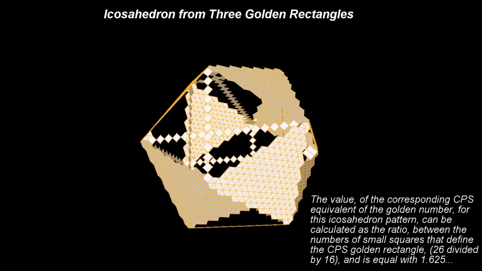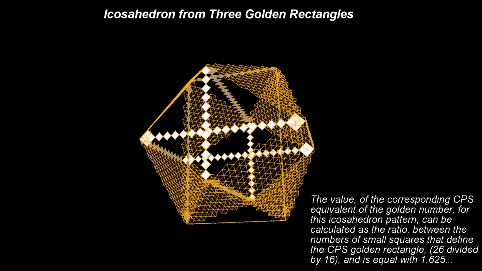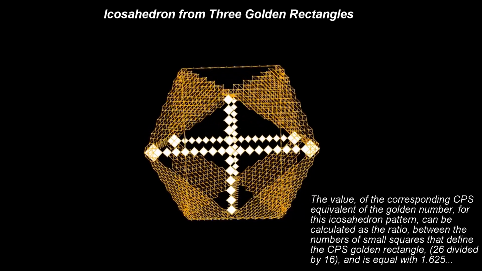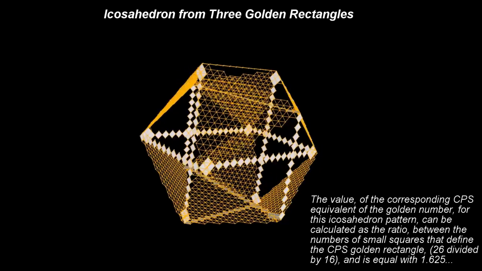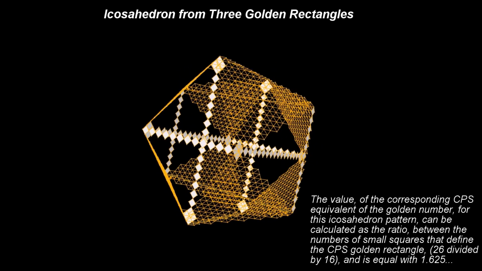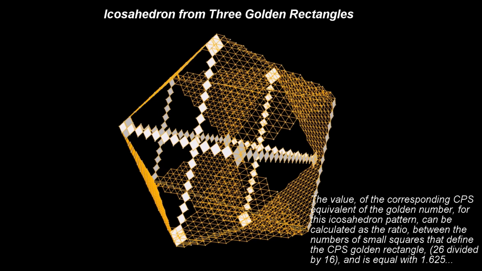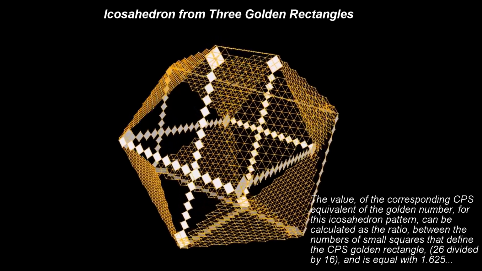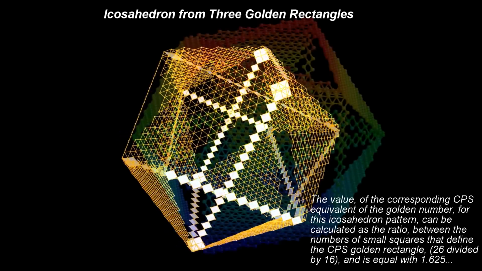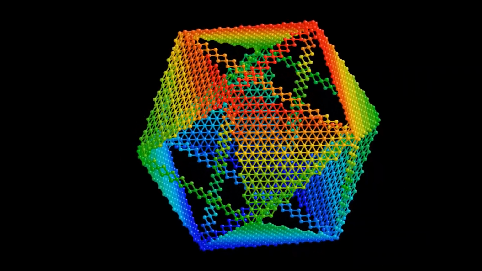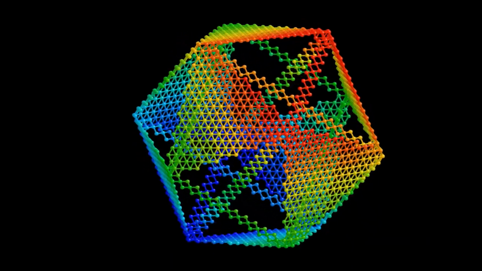For example, the value of the corresponding CPS equivalent of the golden number for this icosahedron pattern can be calculated as the ratio between the numbers of small squares that define the CPS golden rectangle, 26 divided by 16, which is equal to 1.625.